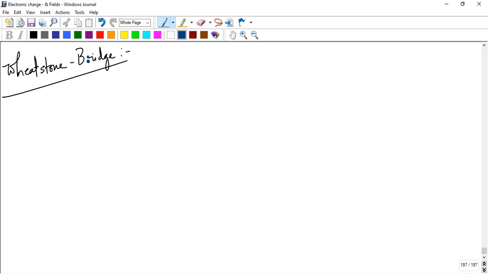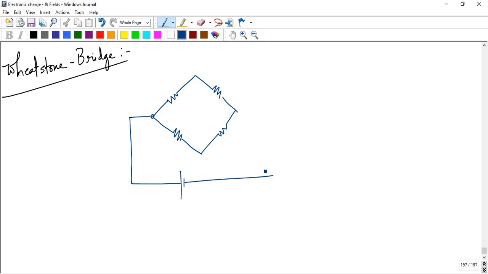There is a resistor here and a resistor here. There is another resistor here. There is a source, and a galvanometer connected from here.